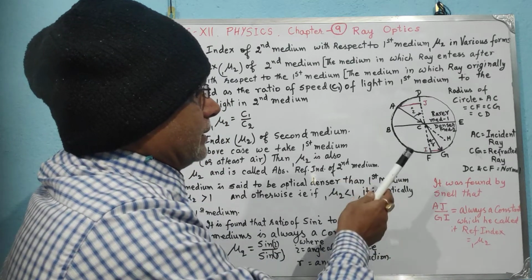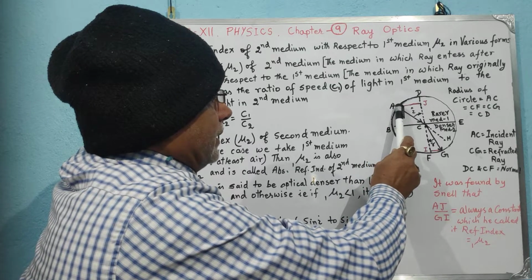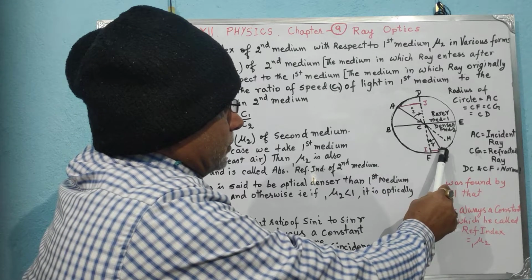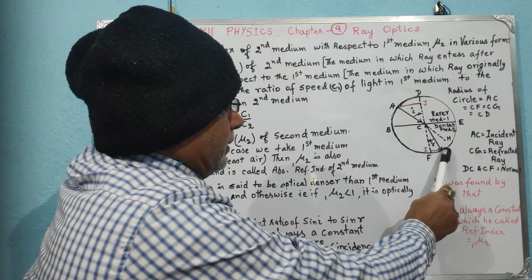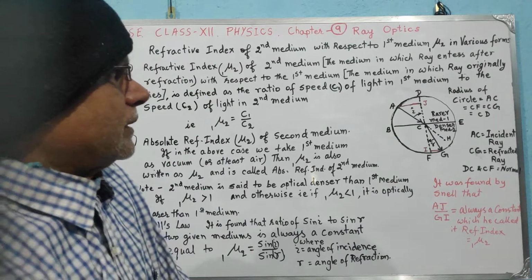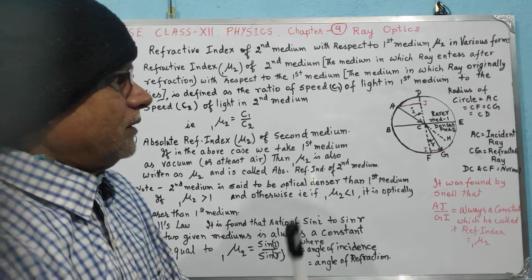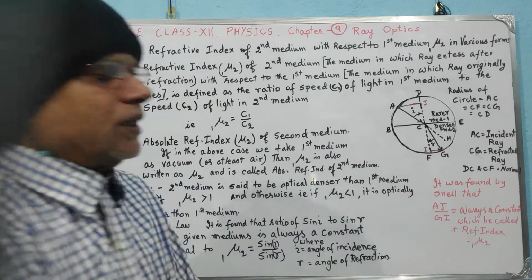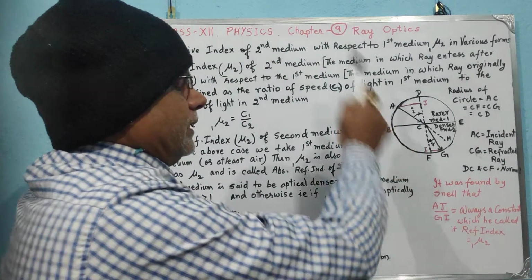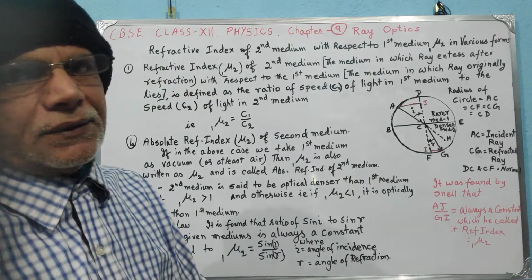Whenever this was done, he found that the perpendicular drawn from the end point of the incident ray on the normal and the perpendicular drawn from the end point of the refracted ray on the normal, that is AJ and GI, the ratio of the lengths of these two perpendiculars was always found to be constant for any two given mediums, whatever be the angle of incidence.